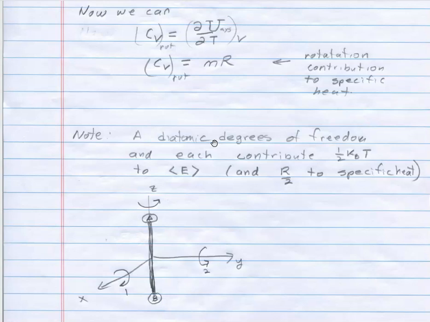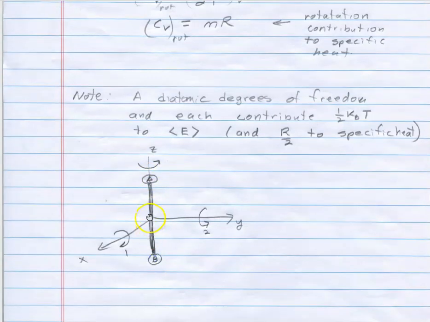And in this case, there are 2 rotational degrees of freedom. Here I have a heteronuclear diatomic molecule. There is a rotation of this whole molecule about the z-axis, but there's no moment of inertia there, and so that term is missing.